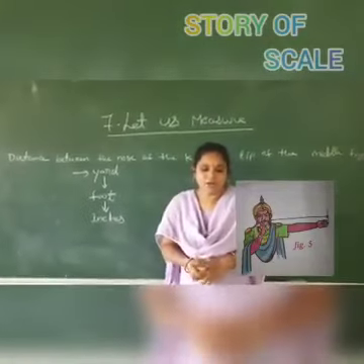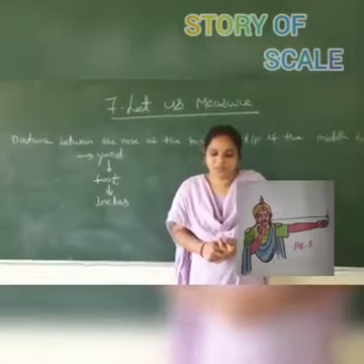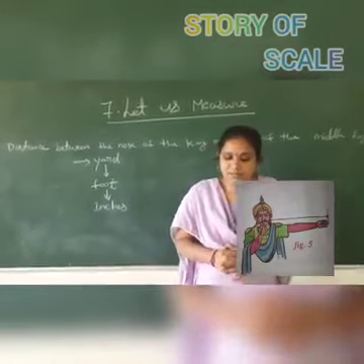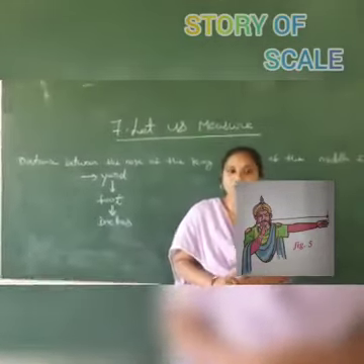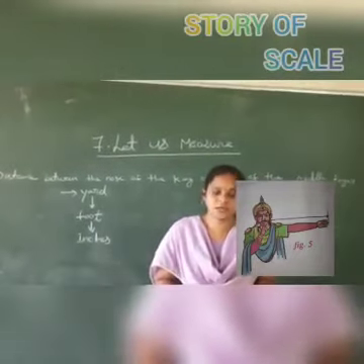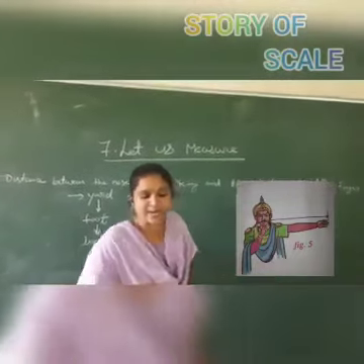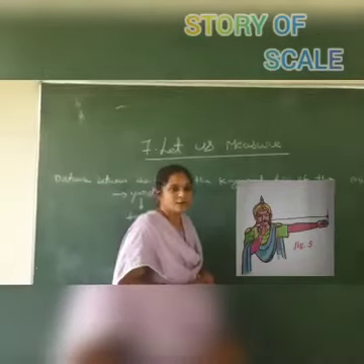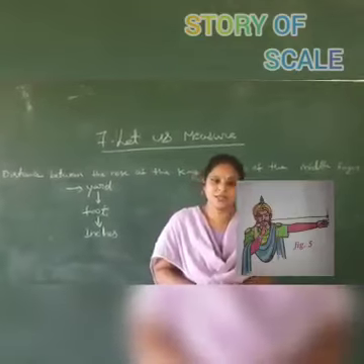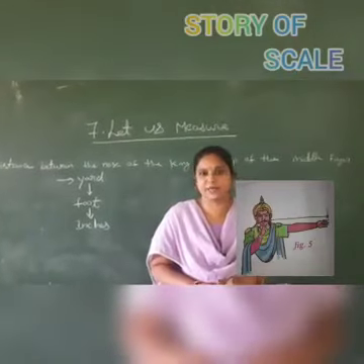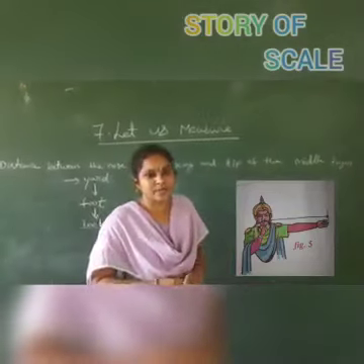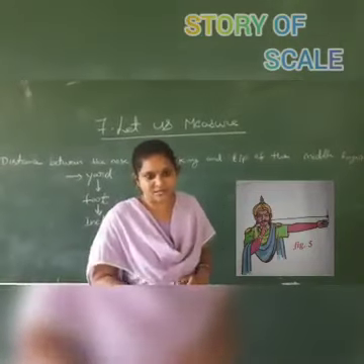In the country of France, they decided on a certain length of rod, made from platinum and iridium. They named it the meter scale. In this way the meter scale was discovered.